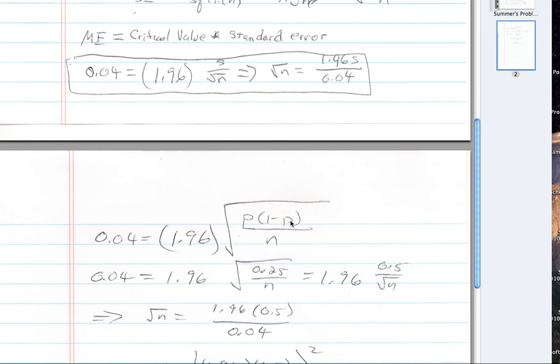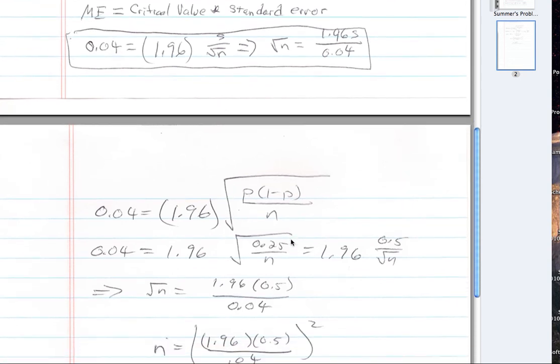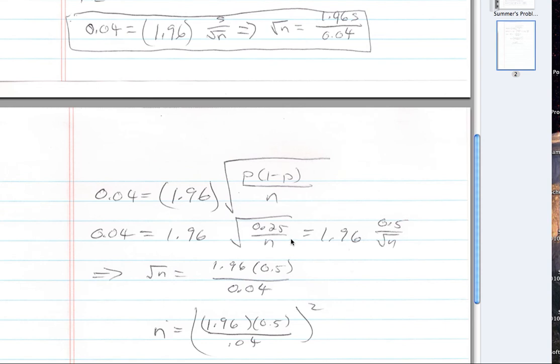So I plug in. They don't give us a value for p, so I choose p equal to 0.5, which makes this 0.5 times 0.5, or 0.25. So we want to compute the value of n that gives us 0.04 equal to 1.96 times the square root of 0.25 divided by n, which I now simplify down to this expression right down here.